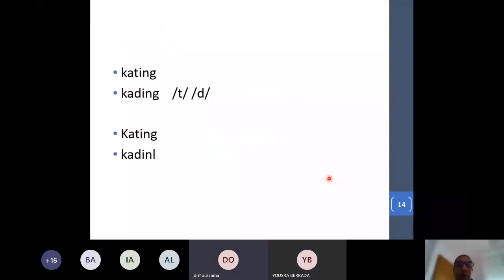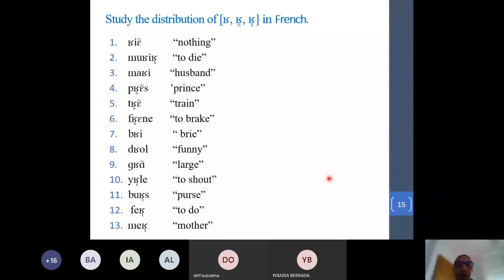Sir, I have a question. If we have near minimal pairs, do we still say they're in contrastive distribution? Of course, yes, because the adjacent sounds are the same. And it would also be good, as a precaution, to study the distribution of the variants using the tables that I have shown you.